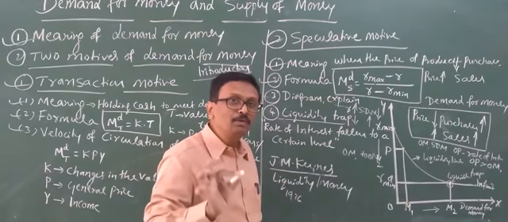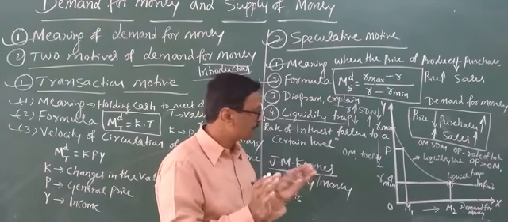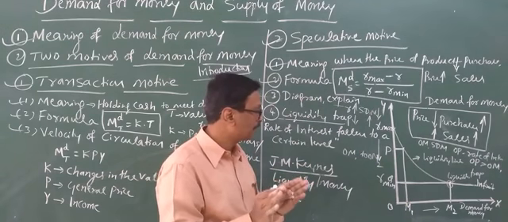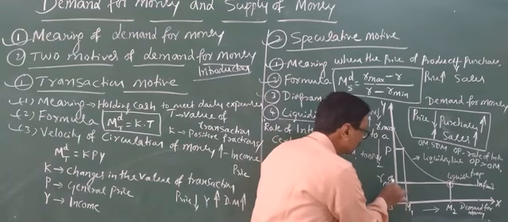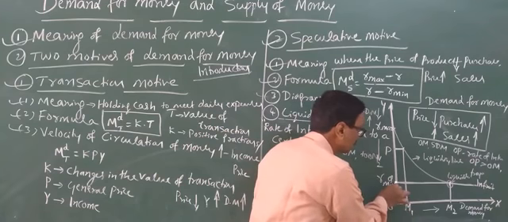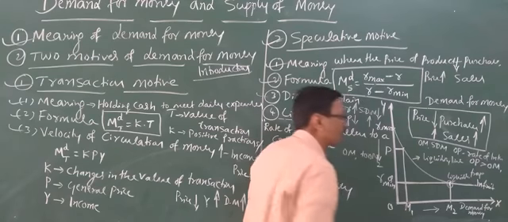OM2 is the speculative demand for money at OQ rate of interest.